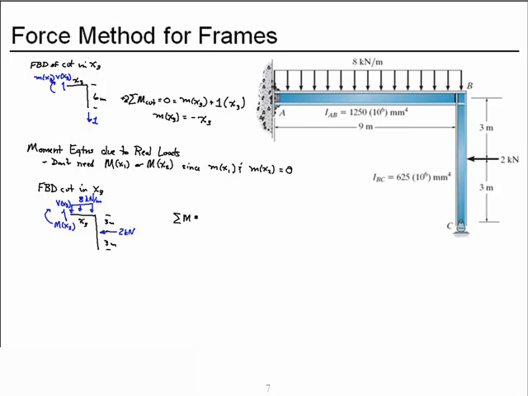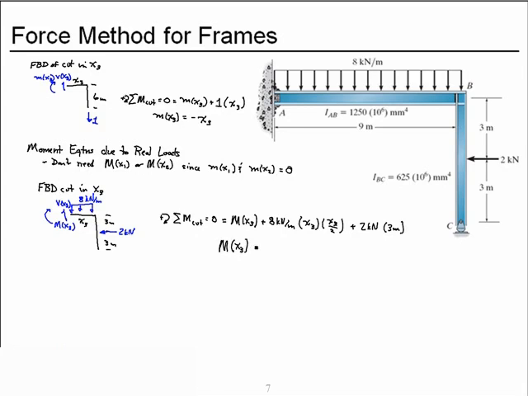We'll sum moments about the cut, and we'll again take clockwise as positive. We have the unknown moment at the cut. We have a positive contribution from the uniform distributed load acting over a distance x3 gives me the total force. Its resultant location is x3 over 2. We also have a positive contribution from the concentrated force acting through a distance of 3 meters. Put those together.